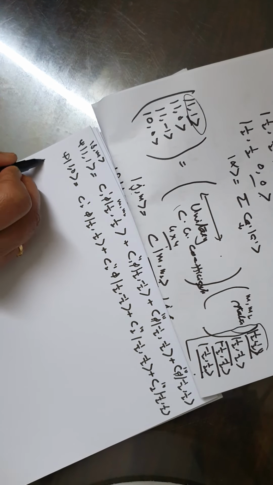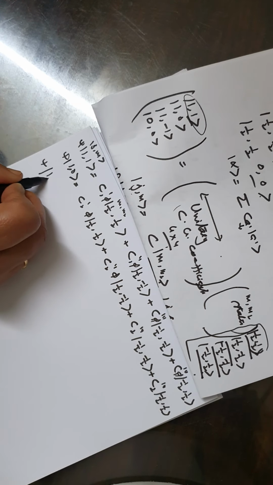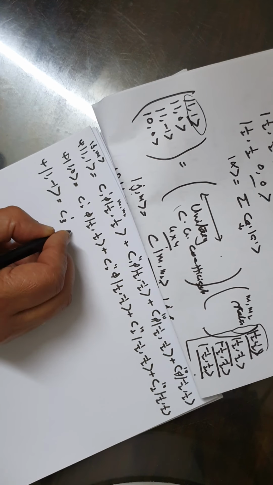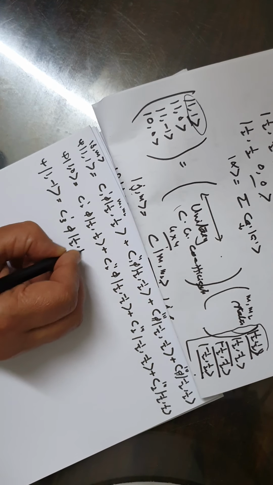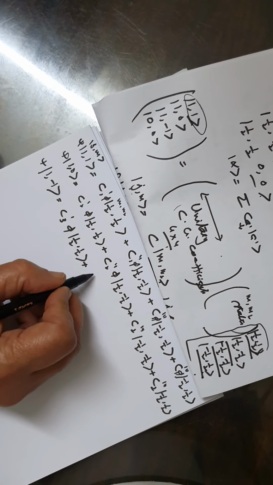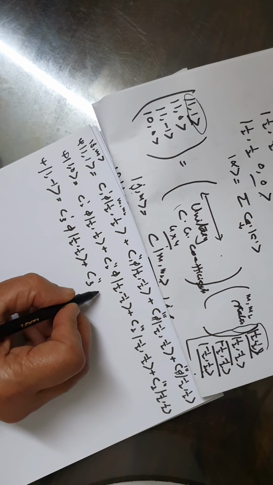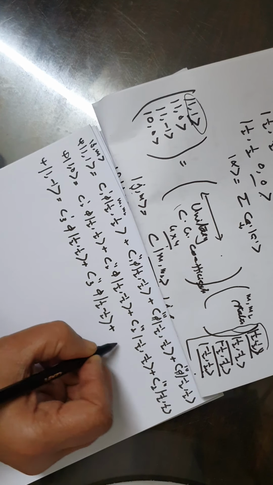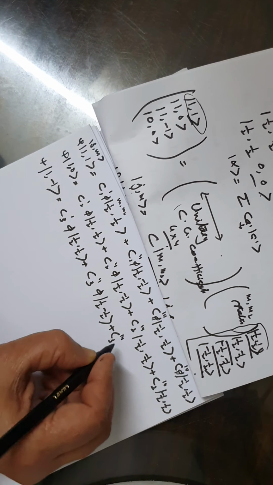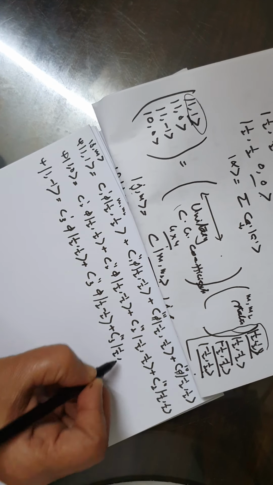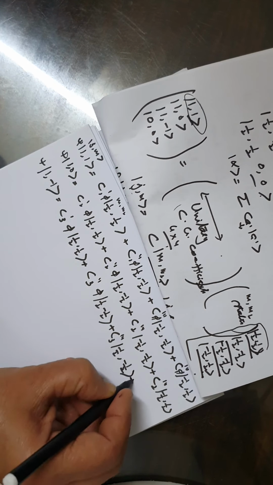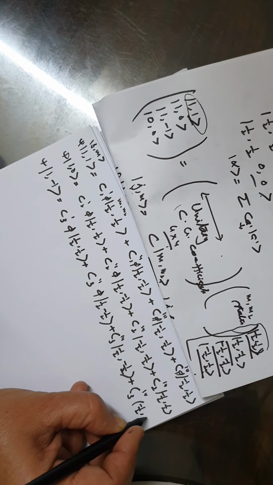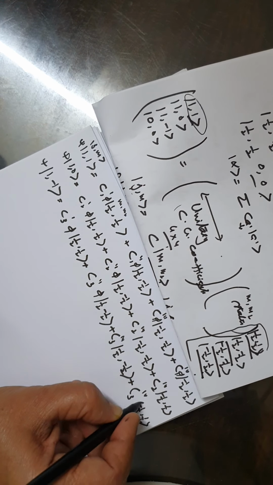The third state is 1 minus 1. This will be written as C3 dash phi 1 by 2, 1 by 2 plus C3 double dash phi 1 by 2 minus 1 by 2 plus C3 triple dash minus 1 by 2 minus 1 by 2 plus C3 4 dash minus 1 by 2 and 1 by 2 state.